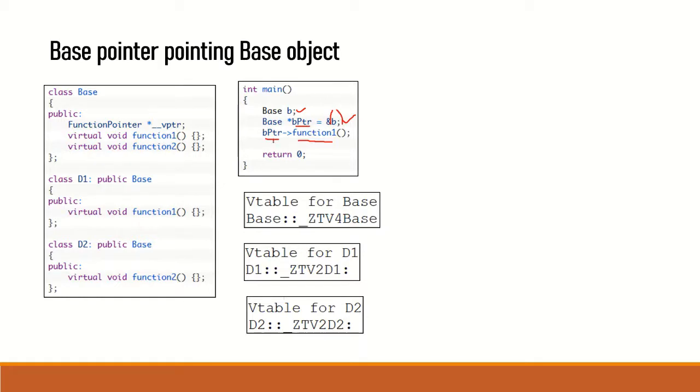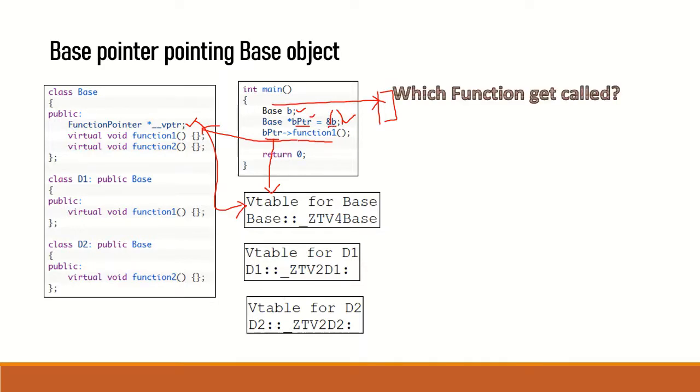So bptr needs the help of the virtual table of base, because in this case bptr has the address of the virtual table of base, because bptr is pointing to an object of the base class. So bptr arrow fun1 is going to call from the base class, because a base class cannot call any function from the derived class unless it is virtual and the base class pointer points to an object of the derived class. So function 1 from the base class gets called.